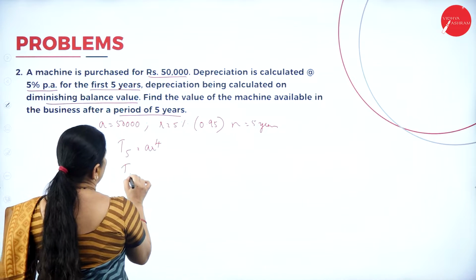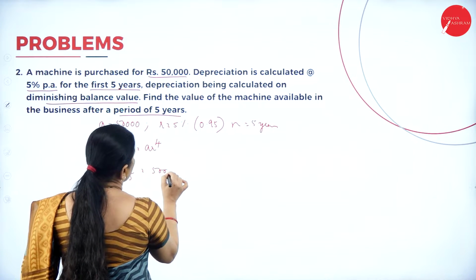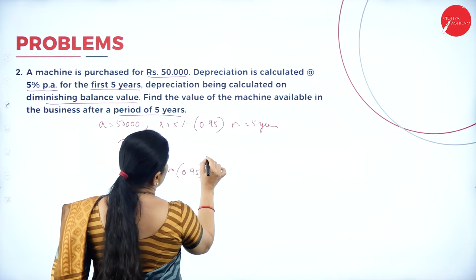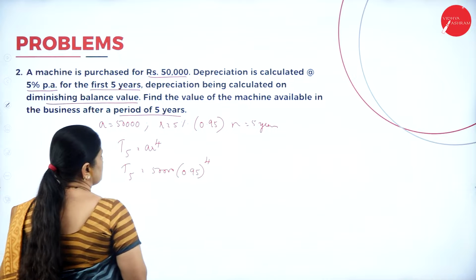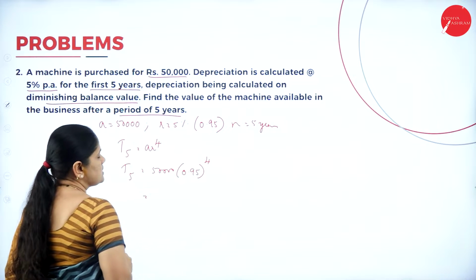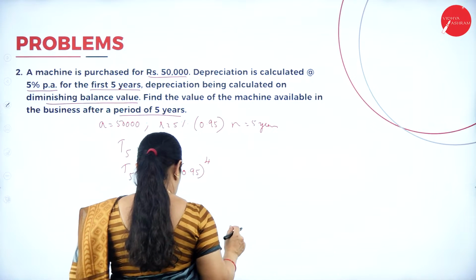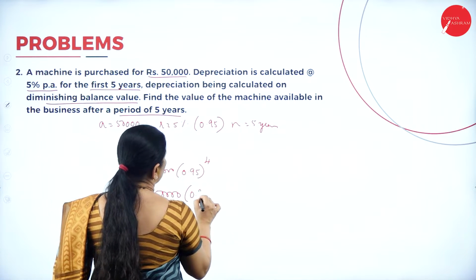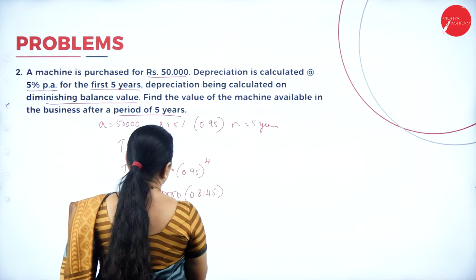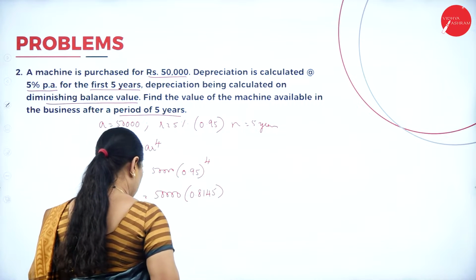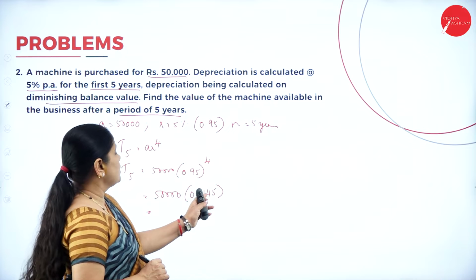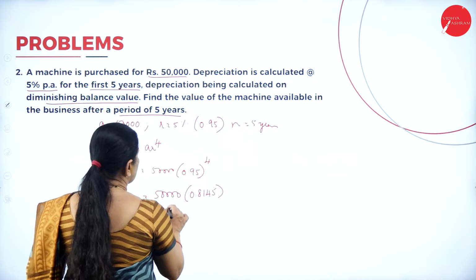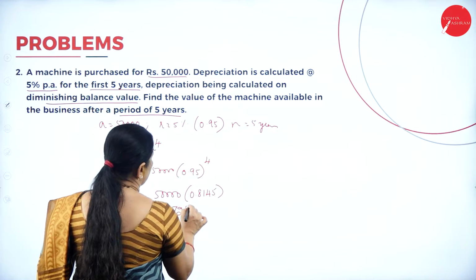So, T5 will be 50,000 into 0.95 to the power 4. When you simplify this, we get 50,000 into 0.8145, which is equal to 40,725.